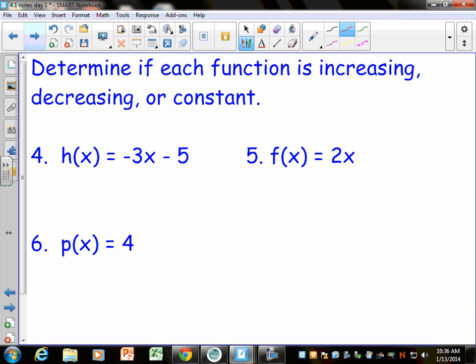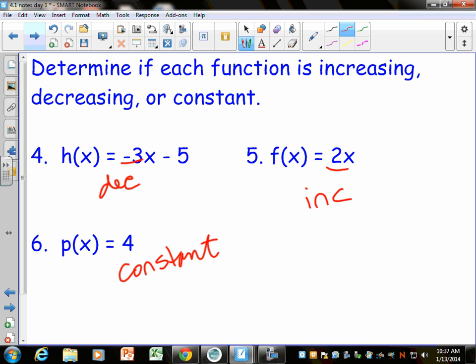Increasing, decreasing, constant. The slope is negative, so we can say it's decreasing. What about number 5? The slope is positive, so we say increasing. And what about number 6? If there is no slope, there's no x in that, so that means it's a 0 slope.